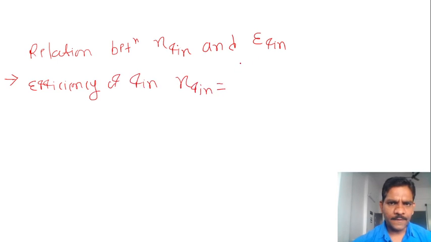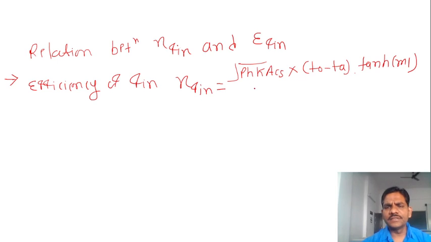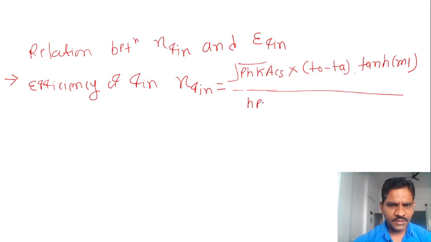It is under root PhK ACS into T0 minus TA, tanh(ml). This is for the fin considered insulated at the tip. We already know all the conditions from our previous topics. Another is fin efficiency, with the formula in the denominator hPL into (T0 minus TA).